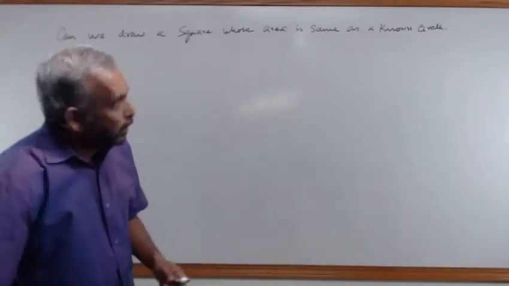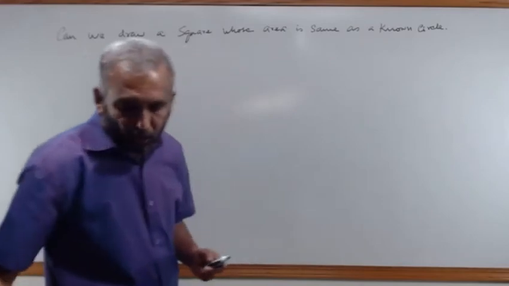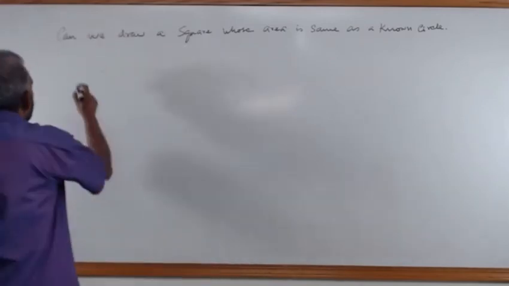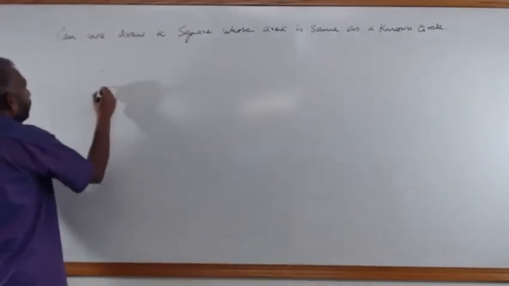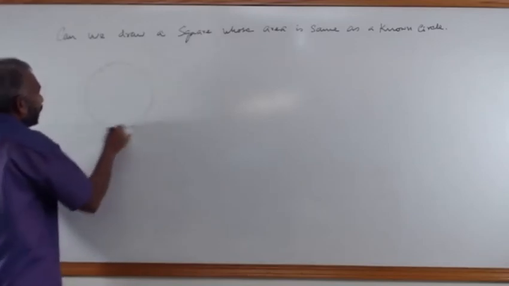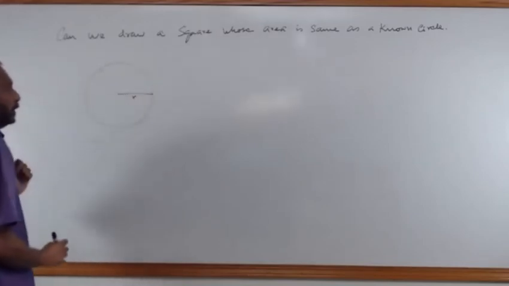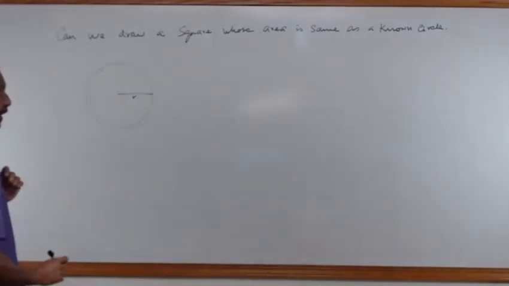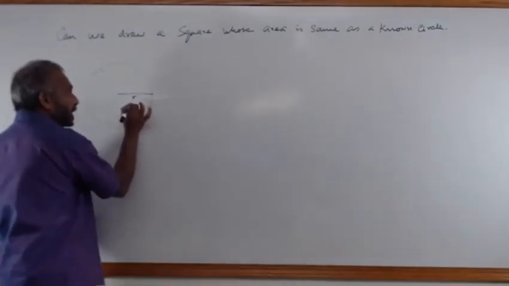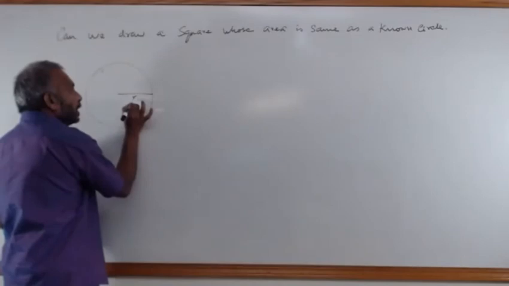Or a constructible circle or known circle, that is fine. Known circle means you know the radius of the circle, meaning you can construct the radius of the circle.